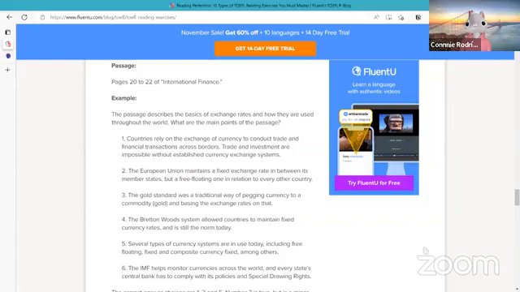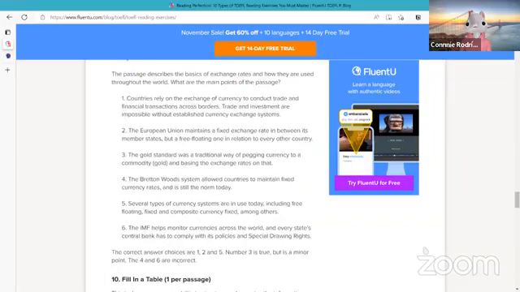What are the main points of the passage? Countries rely on the exchange of currency to conduct trade and financial transactions across borders. Trade and investments are impossible without established currency exchange systems. The European Union.